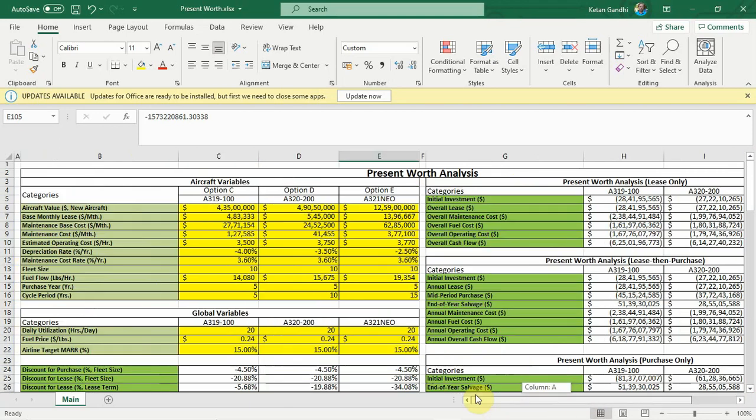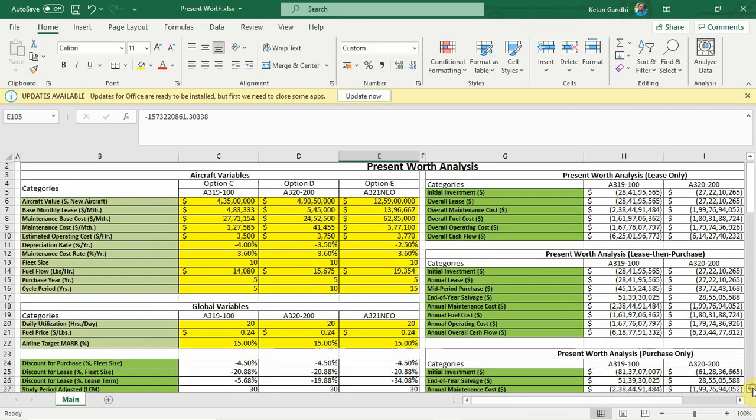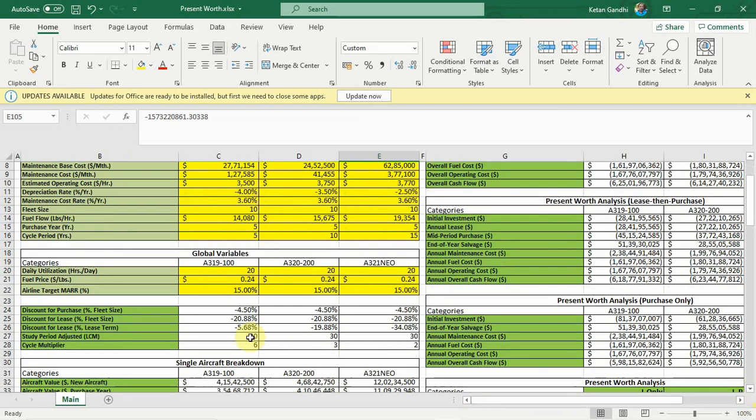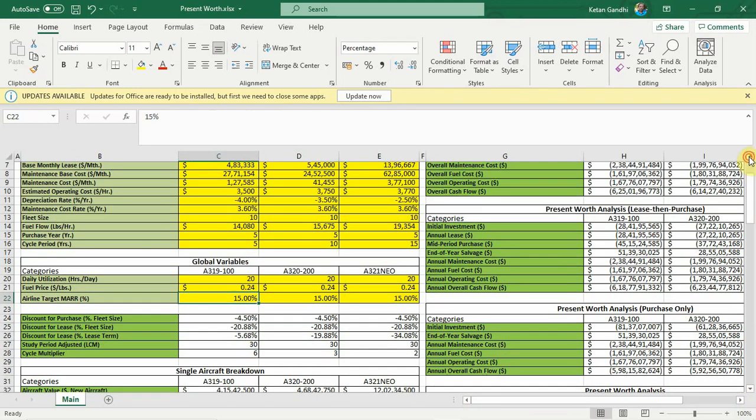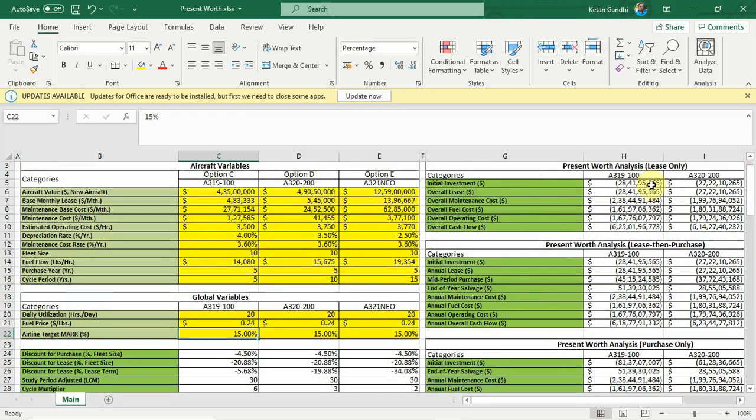Finally we will be looking at the study period which was mentioned here, which was calculated here, that is 30. So 30 is the study period, along with the airline target minimum acceptable rate of return, and the other values. Say we'll look at each value, what the initial investment was, whatever was there.